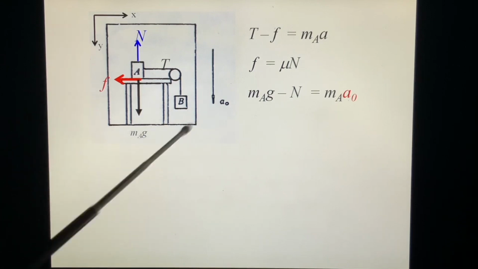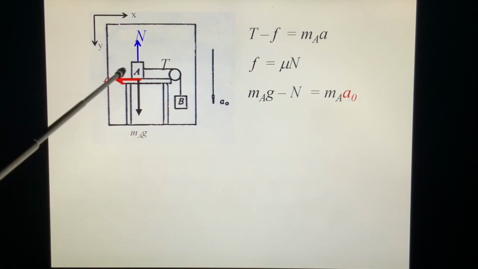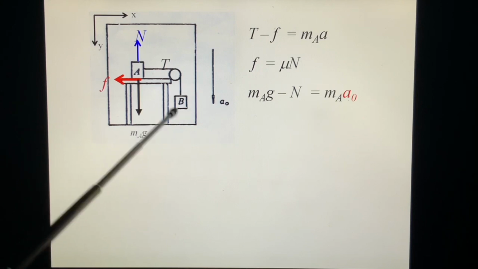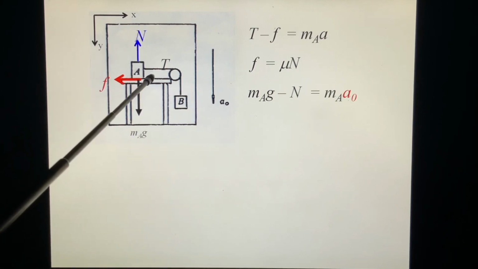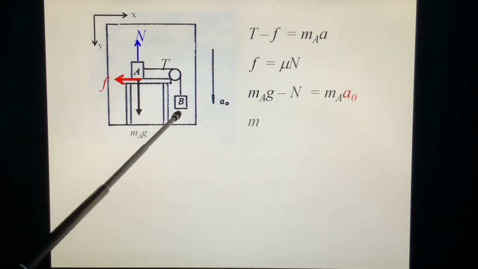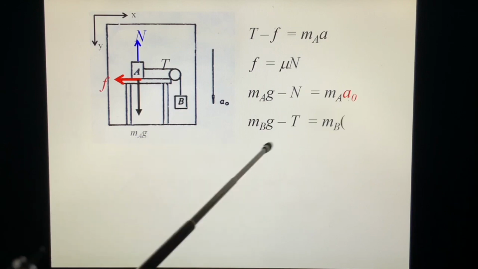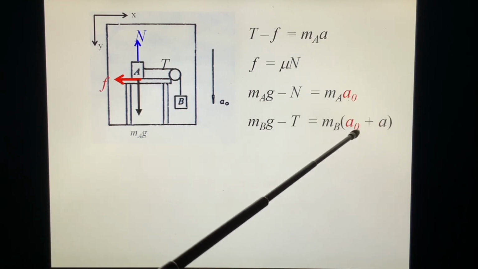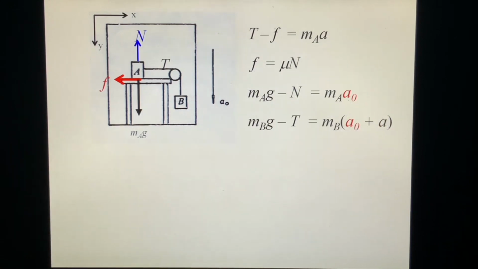Next, we try B. B is the same. B accelerates horizontally in the elevator with A, but also accelerates downward with a0 together with the elevator. So for B, m_B g gravitational force minus T equals m_B times the acceleration together with the elevator and with A. That's the key point.